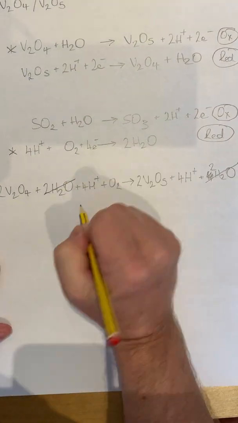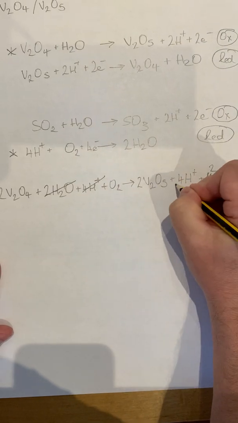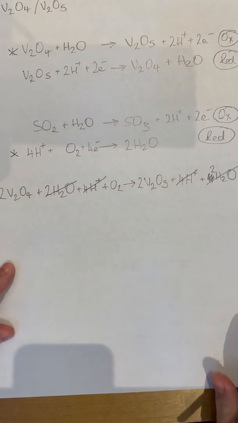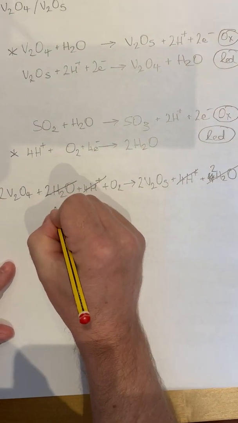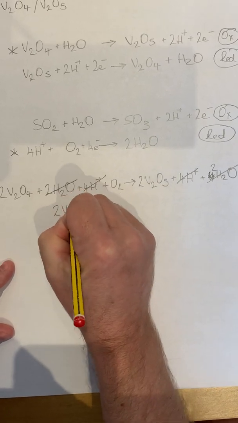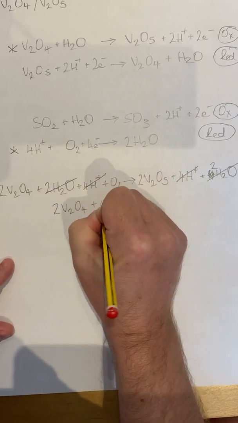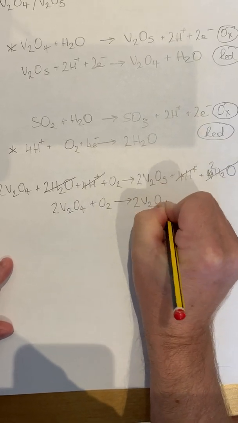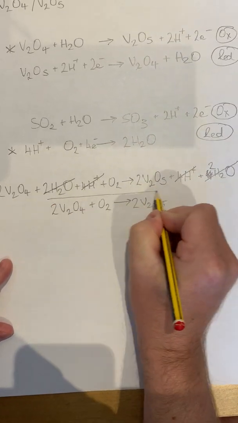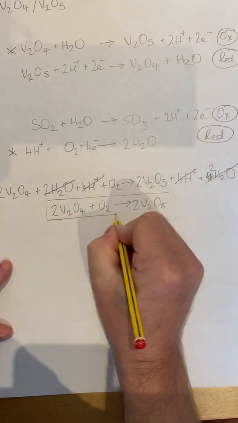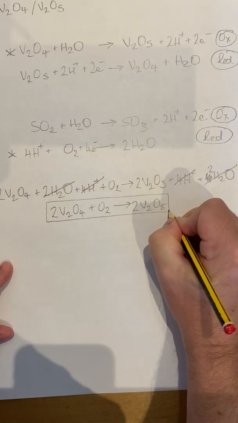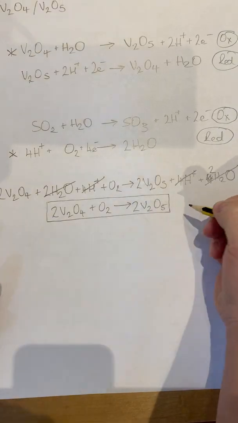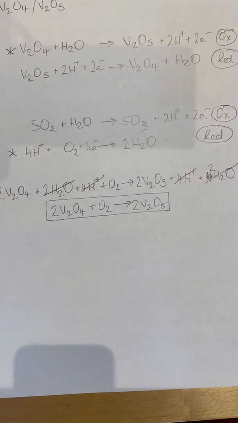Then 4H plus and 4H plus. So that's a bit of a mess at the moment. So to simplify that, 2 V2O4 plus O2 makes 2 lots of V2O5. That's one of our equations which shows how the catalyst takes part in the reaction. So that's that first one.